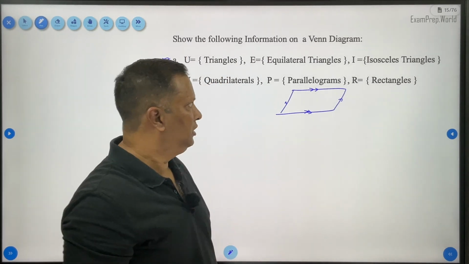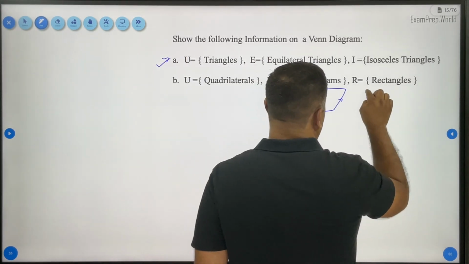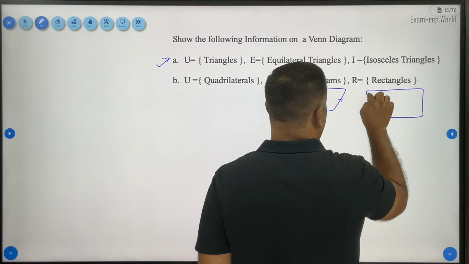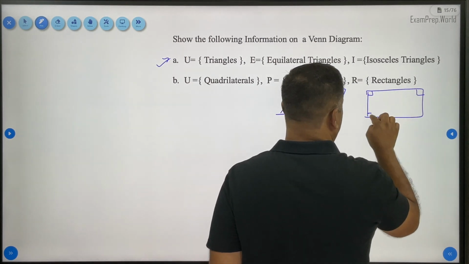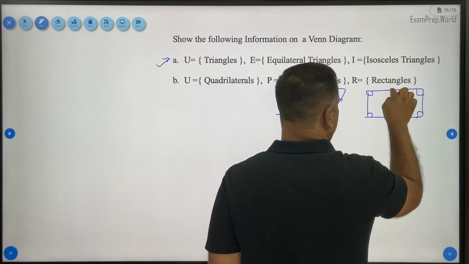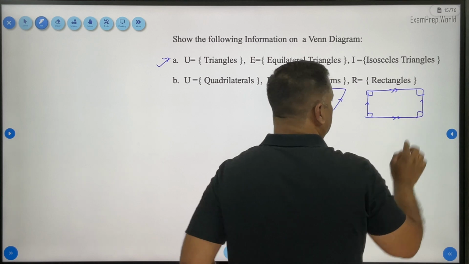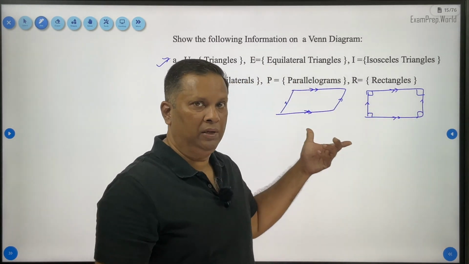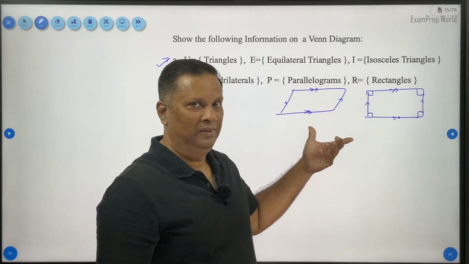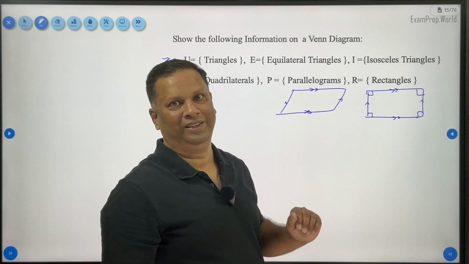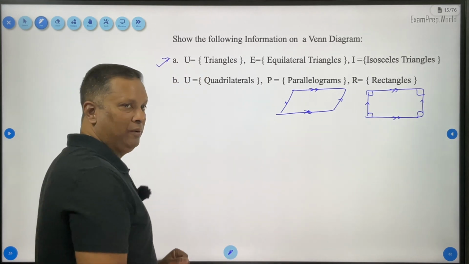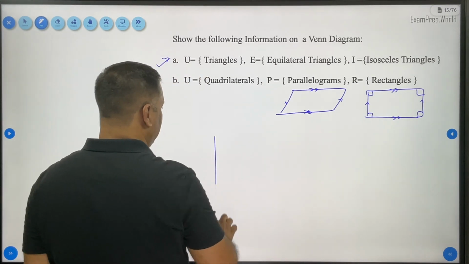And what is a rectangle? A rectangle is also a parallelogram, but the angles of a rectangle are all 90 degrees. So all rectangles are parallelograms, but all parallelograms are not rectangles. Now I think you have understood what we should be doing in our set.